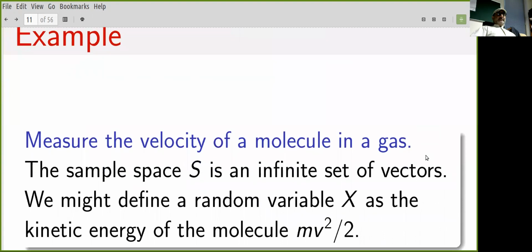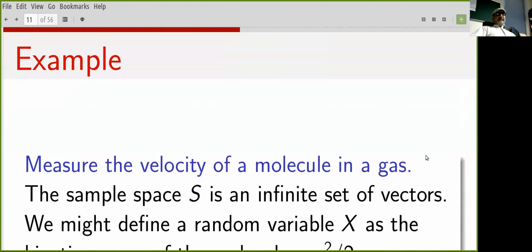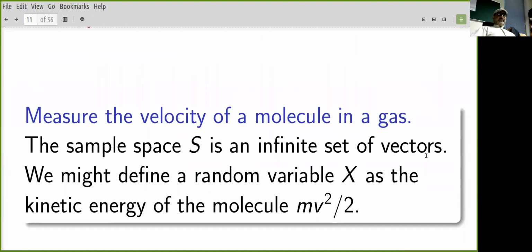Another example. That was an example of a discrete random variable. An example of a continuous random variable is the following. You have a velocity of a molecule in a gas. So you measure the velocity of one molecule in a gas.